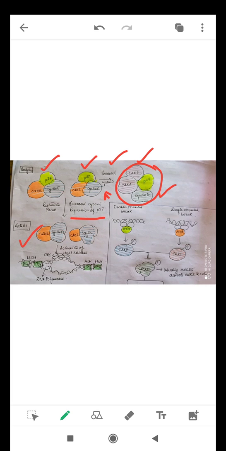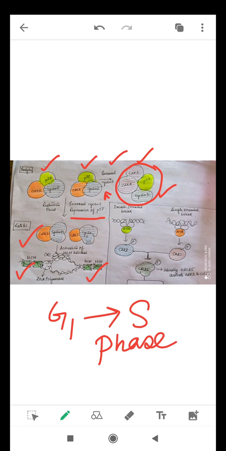Once this active complex is formed, they will activate this MCM helicase. So MCM helicases are activated, and this will unwind the replication origin, resulting in formation of your replication bubble, starting the replication, moving from your G1 to your S phase.